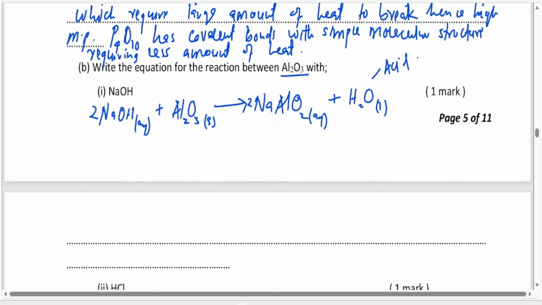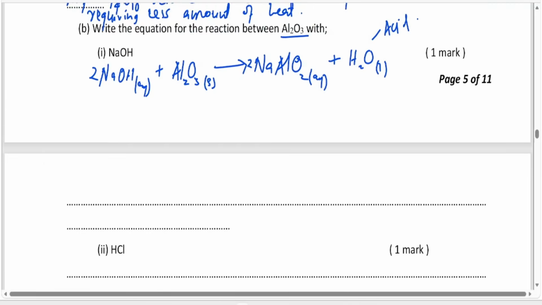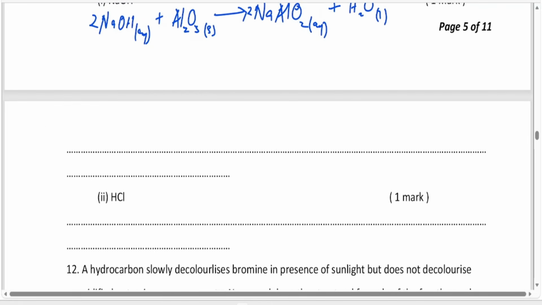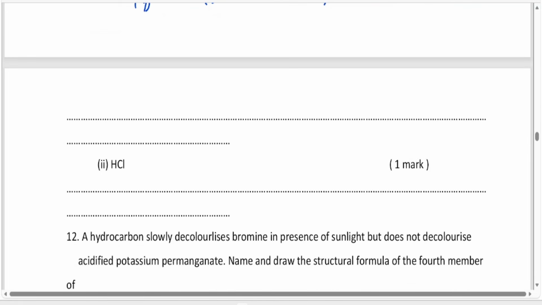Then I write the equation when it is reacting with hydrochloric acid, and I'm going to have aluminium oxide, which is a solid, reacting with hydrochloric acid aqueous, and I obtain salt, which is aluminium chloride, which is aqueous, and water.